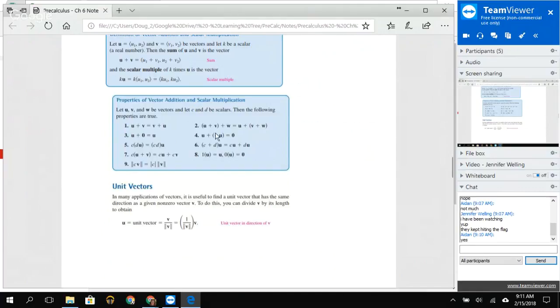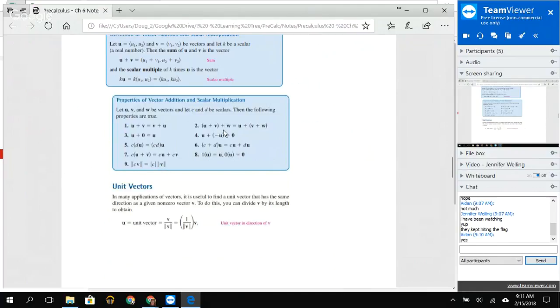I'm kind of going out of order here, sorry, I just realized that. Number 7: if you have a scalar times 2 vectors that are added together, you can use the distributive property and distribute that scalar to each vector. Number 9 is kind of an interesting one. We use this a little bit. If you have a scalar times a vector and you want to find the magnitude, you can pull out that scalar and find the magnitude of the vector separately.